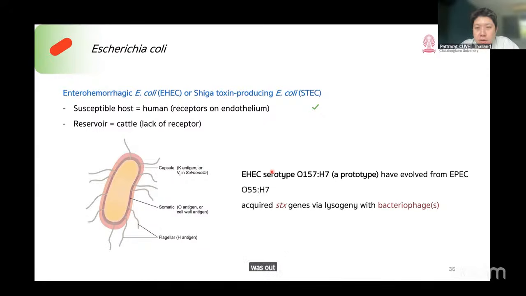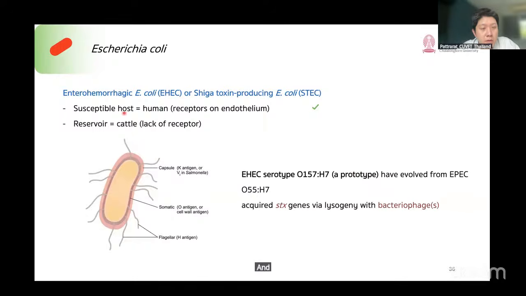Enterohemorrhagic E. coli, or EHEC, had an outbreak in the US and the serotype found was O157:H7. This is the first serotype of EHEC, or we can say this is the prototype of EHEC characterized.